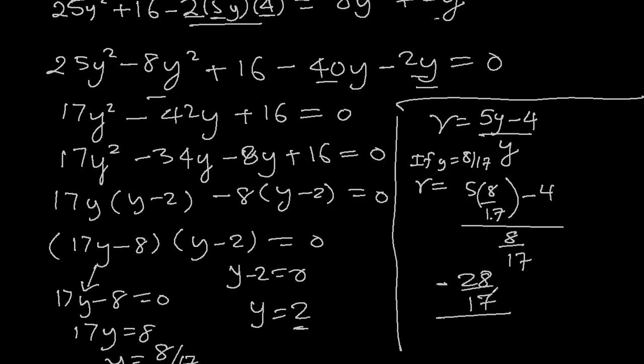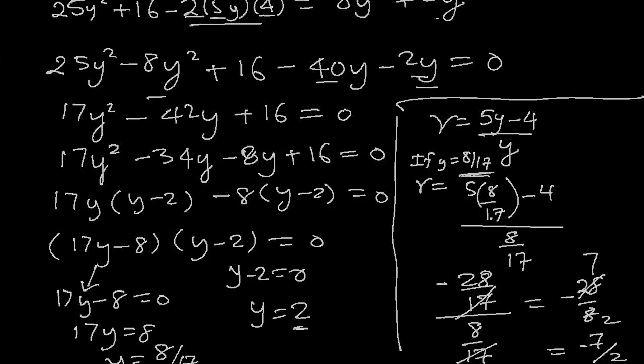Pardon me if you're not understanding what I'm doing, just put this in your calculator and you get your answer. I like doing it manually. If it is too difficult, I will use my calculator. 17 and 17 cancel out, it becomes minus 28 over 8, or minus 7 over 2.